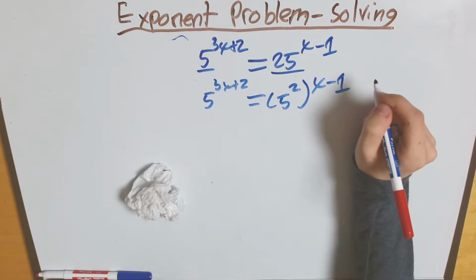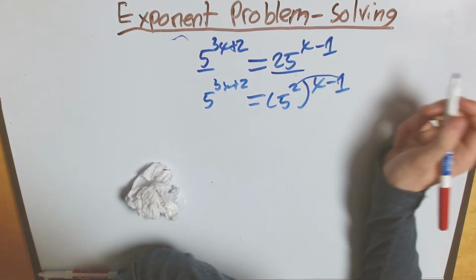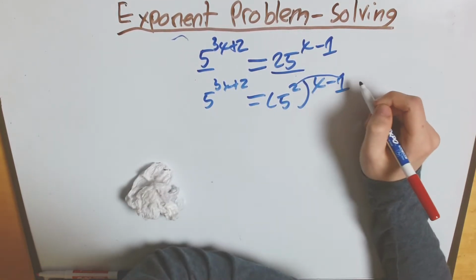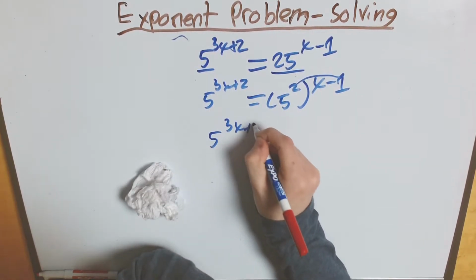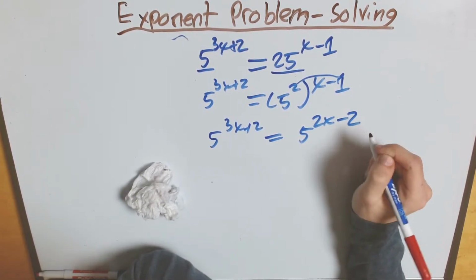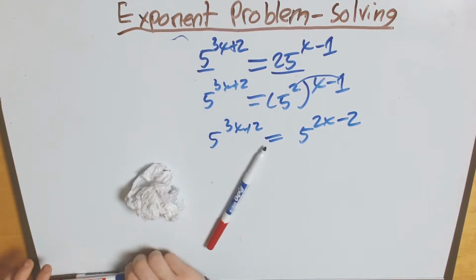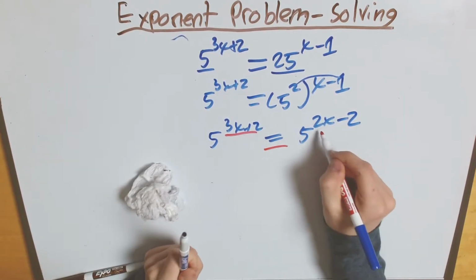Remember, the power rule of exponents says that I can multiply this out. So I'm going to multiply x minus 1 by 2, and I have 5 to the 3x plus 2 equals 5 to the 2x minus 2. Once again, since these are equal, this has to equal this.